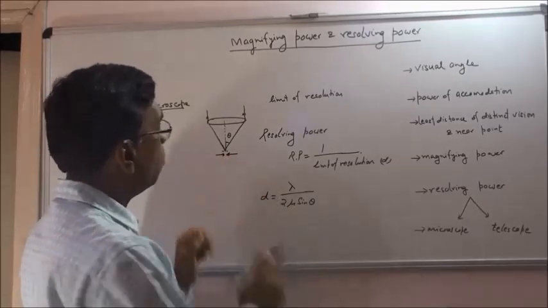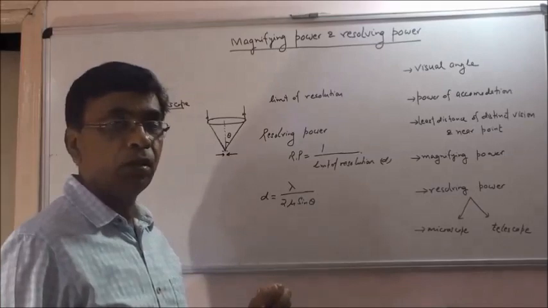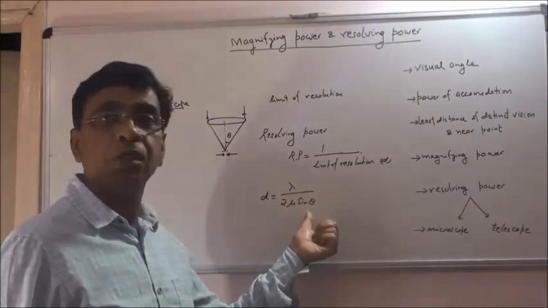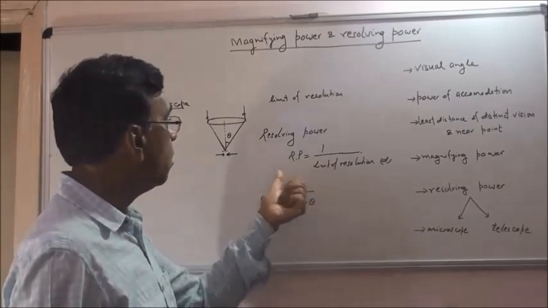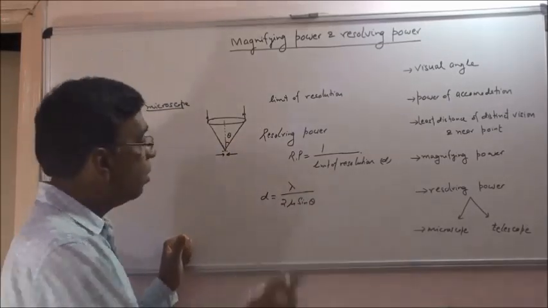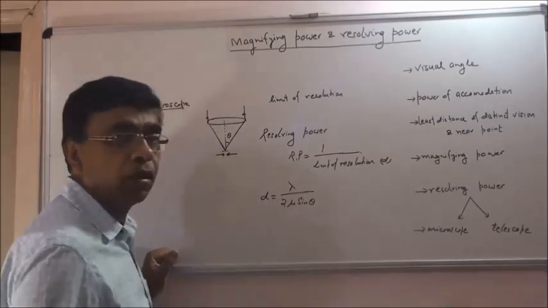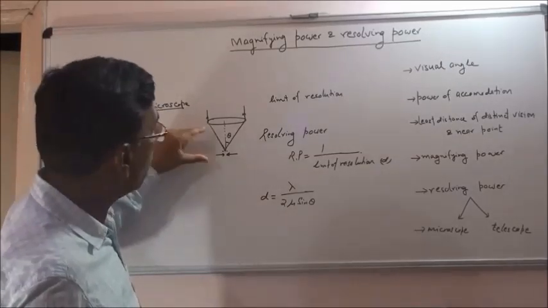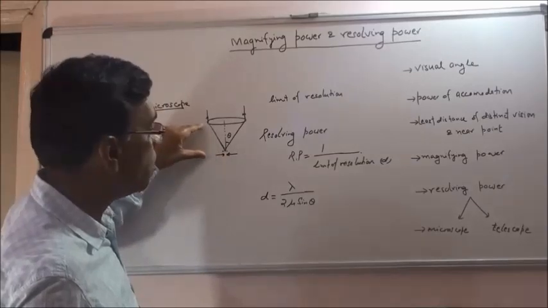Distance between the two objects which are visible distinctly. This is lambda upon 2 mu sine theta. Lambda is the wavelength of the light that we are using. Mu is the refractive index of the medium, this one, between the objects and the objective.